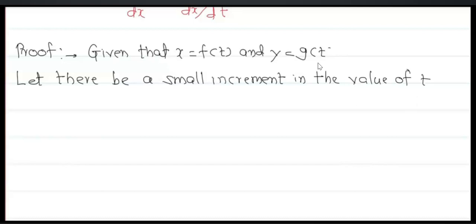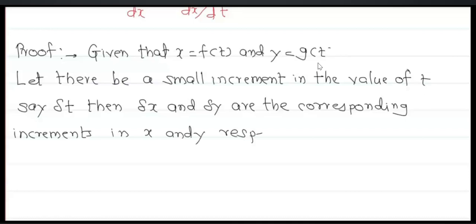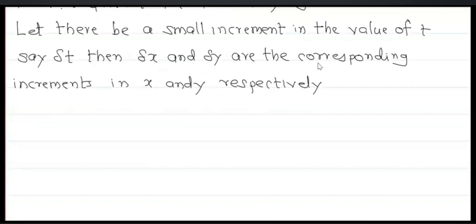Let there be a small increment in the value of t, say delta t. Then delta x and delta y are the corresponding increments in x and y respectively.